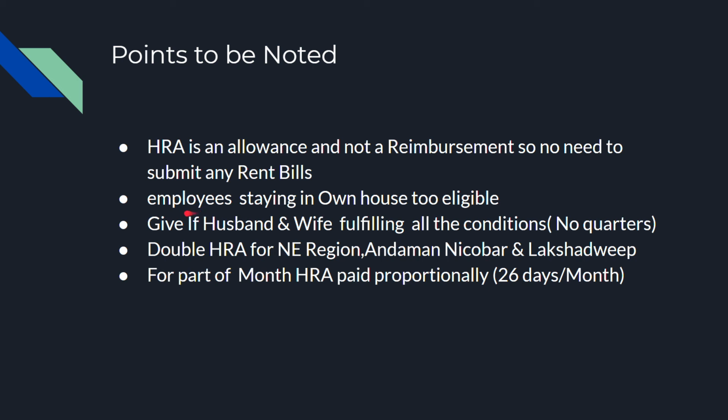As mentioned here, employees staying in their own house are also eligible. Even if they have their own house, they are also eligible to get HRA. And if a husband and wife fulfill all the conditions, and both are staying together in the same house as usual, but they are not getting any quarters, the organization is not providing any quarters, and they also didn't apply for any quarters, then HRA will be provided to both of them.